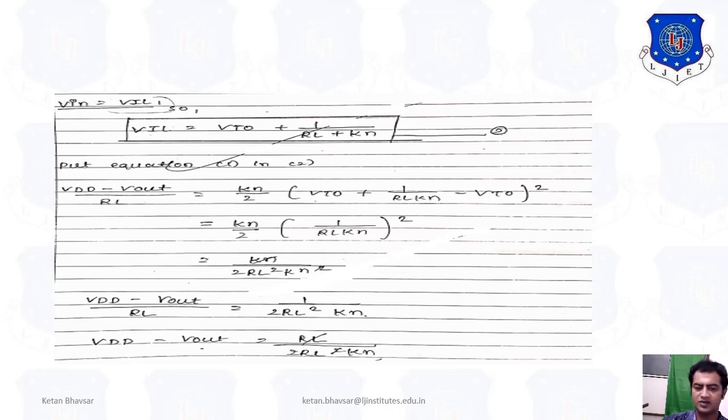So VDD minus Vout is equal to RL, RL goes up, so RL divided by 2 RL square Kn. So Vout is equal to VDD minus 1 upon 2 RL Kn. So it is in saturation, and finally we get the equation for VIL. VIL is in the saturation region, so VIL is equal to VDD minus 1 upon 2 RL Kn.